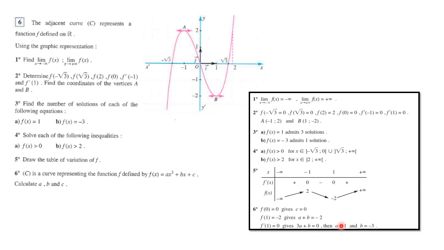Then you replace a by 1 and you get b equals -3. So every time you're going to have a system of 2 equations, 2 unknowns, and you have to find a and b. So the function is x cubed minus 3x only because c is 0.